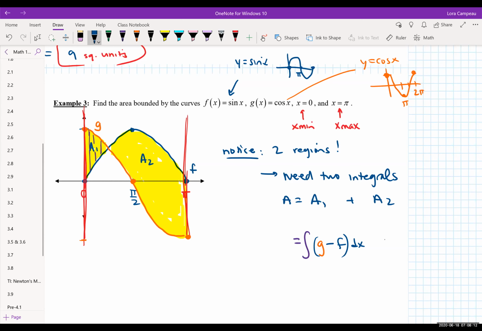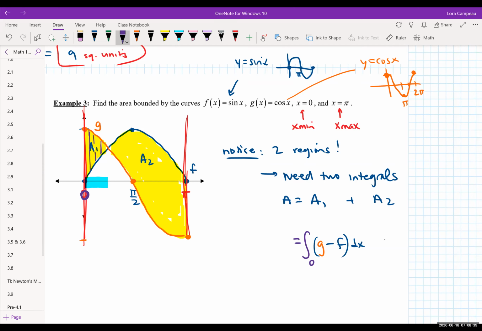Now we do know the x value that we're starting with. We do know that that x value is 0. But I have to figure out where I'm stopping. So let's look at that a little more clearly. I'm not stopping at pi over 2 because that would include some empty space.